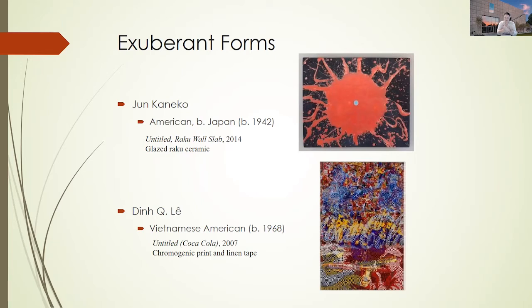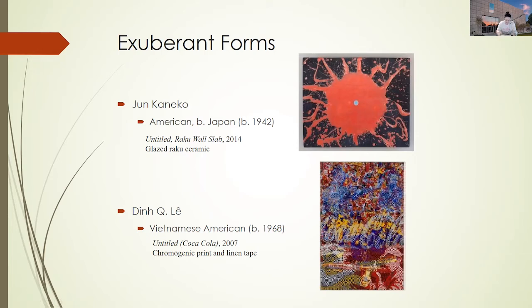It's kind of interesting how he pulls together these modern and contemporary images and then recreates them in this traditional weaving pattern of his heritage. I don't know how well you can see it, but if you notice the word Coca-Cola, and of course that's the name of the piece as well, Untitled Coca-Cola.